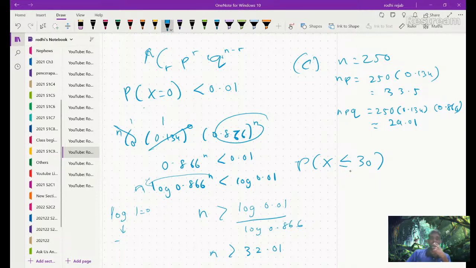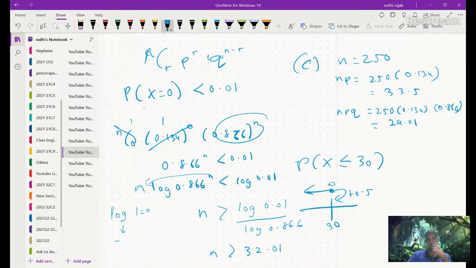But we can't proceed with 30, we have to do continuity correction. So from here we can use the number line method. Assuming this is 30, x is whatever less than 30. Since we have to include 30 also, you would have to add 0.5.